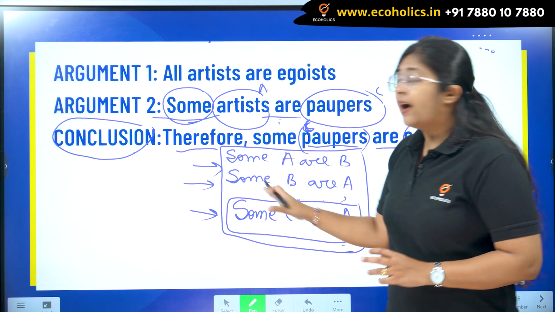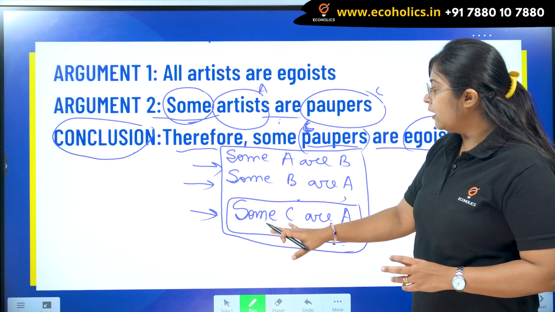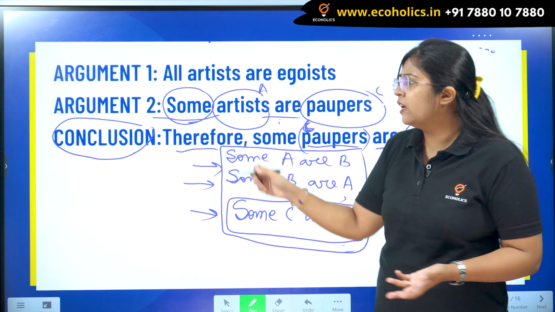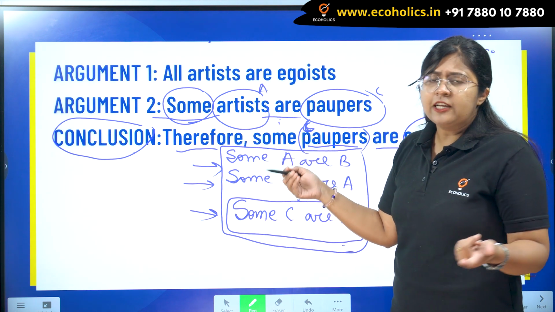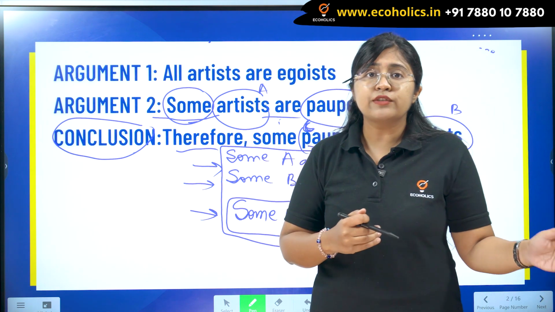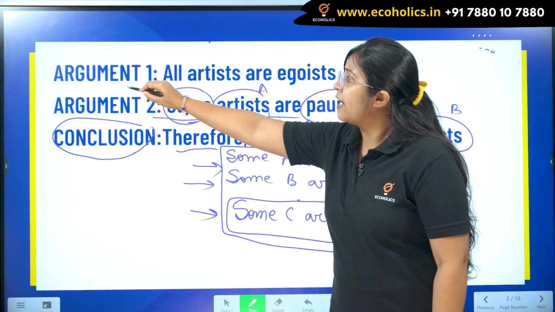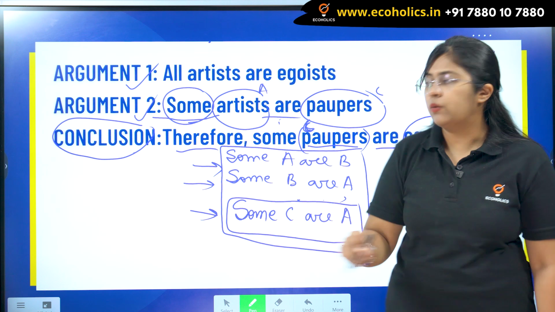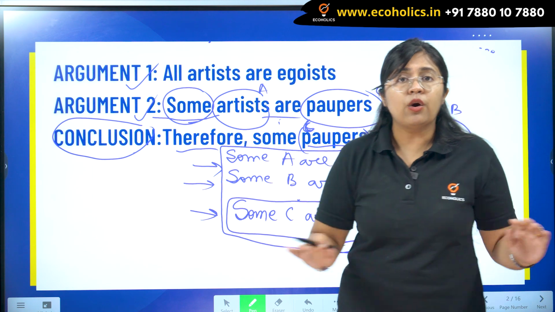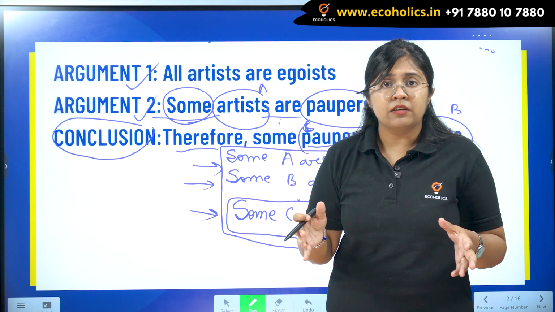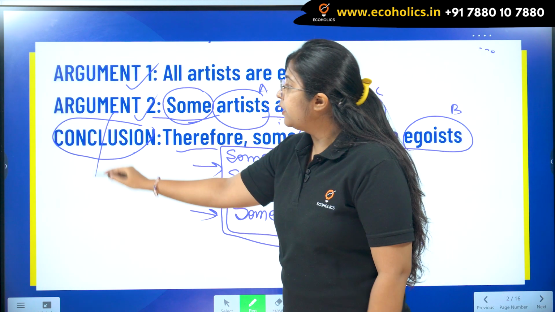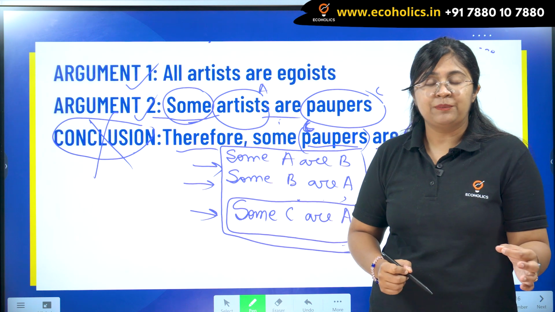But to understand why there's a fallacy, we are thinking about a certain logic between these two arguments, and which is why we are thinking that, fine, probably logically there is a relation between B and C also. However, by the rules of syllogism, when we solved for arguments 1 and 2, we found out that the logical conclusions are only three, wherein we do not find any relation between B and C. So this conclusion over here is completely invalid.